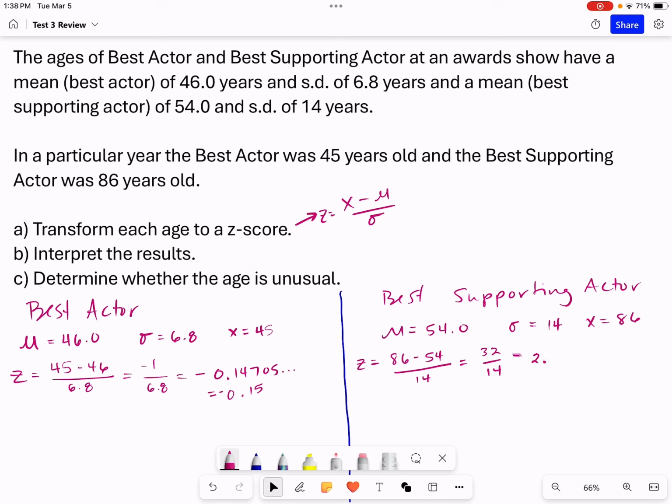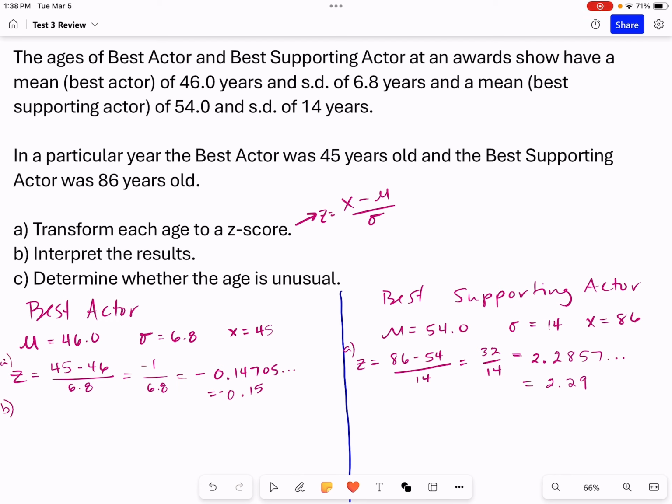And again, I'm going to write a few more decimal places out: 2.2857. And so again, if we were to round to 2 decimal places, 2.29. So that's part A.